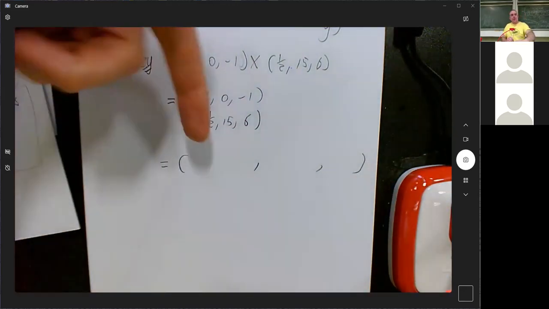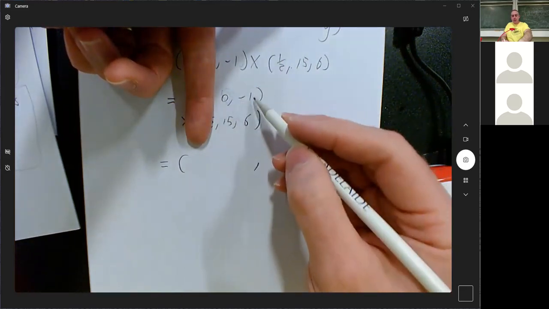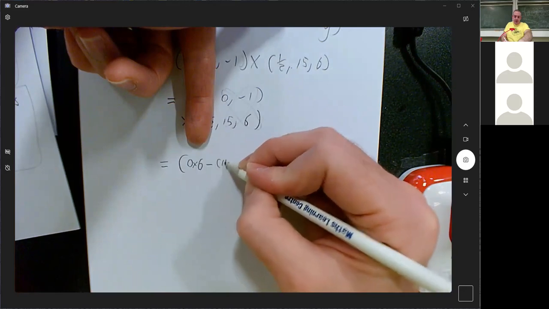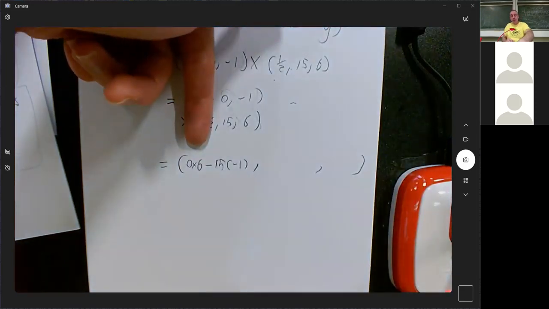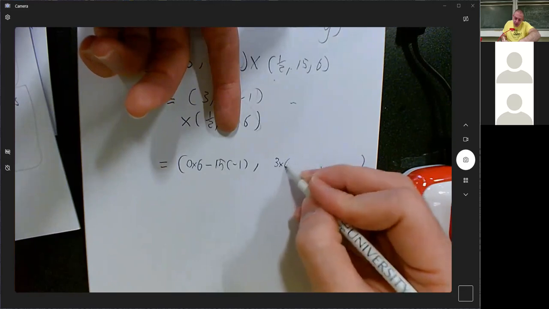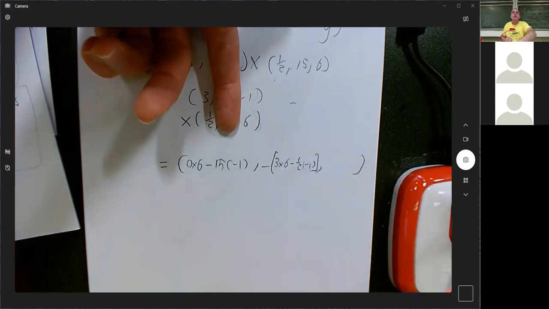and so you cover up the position that you're in and you do this product minus this product. So 0 times 6 minus 15 times -1. That's what's in the first coordinate. And in the second coordinate, you'll do 3 times 6 minus 1/2 times -1, but it'll be minus that because it's in the middle.